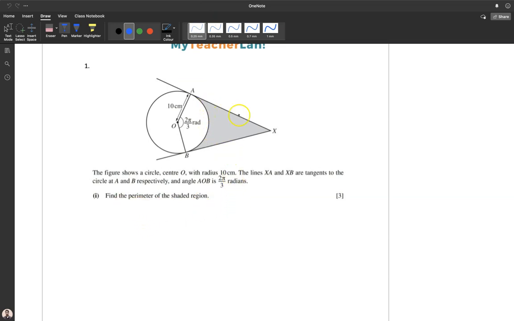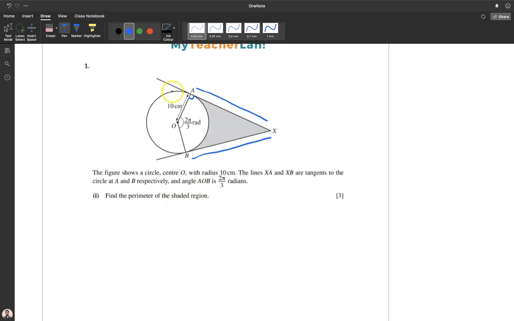So we have this shaded region right here. A couple of things we need to look at: when we have a tangent passing through a circle and it touches the radius like this, you will end up getting a 90-degree angle here. Now, since we're just looking at perimeter, we want to find this length and this length.